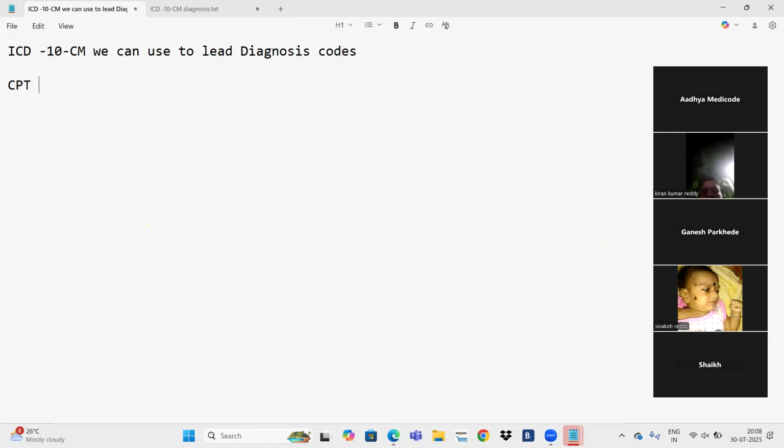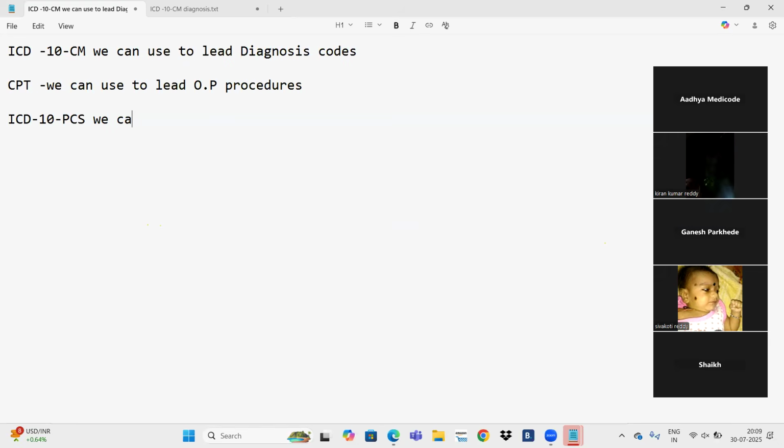Next, CPT, Current Procedural Terminology. This book we can use to code outpatient procedures. ICD-10 PCS we can use for inpatient procedures.